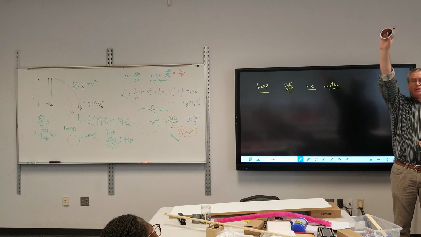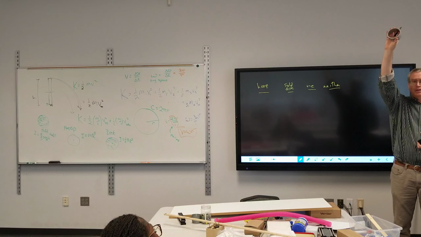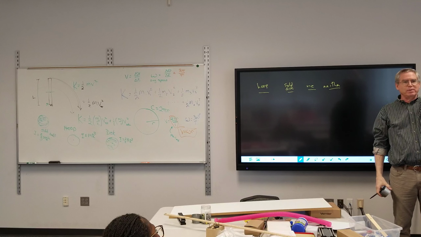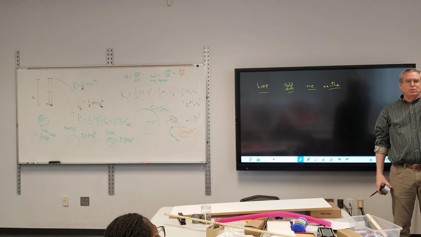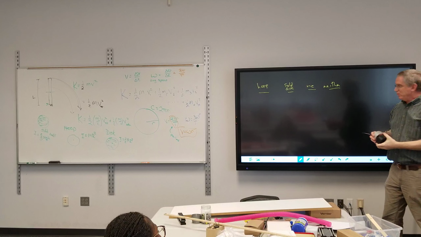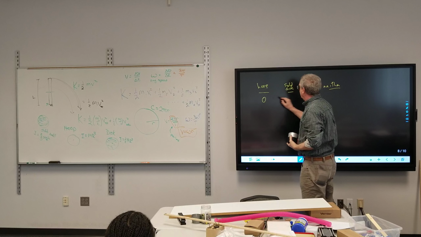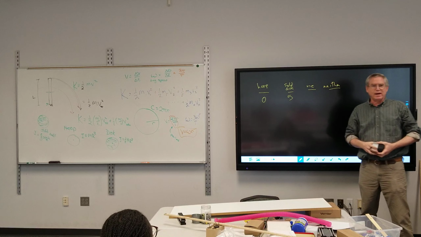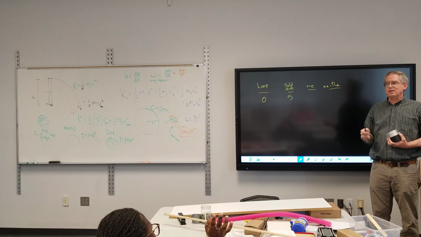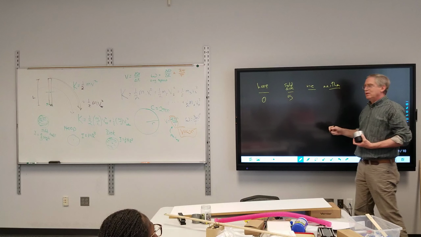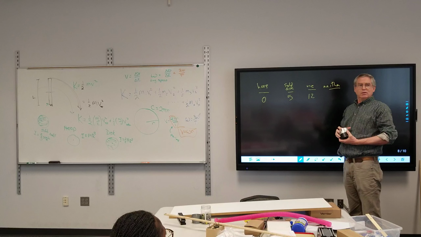The hoop, who says this will get to the bottom first? Who says this will get to the bottom first? 1, 2, 3, 4, 5. Five people. So 0, 5. Who says it's going to be a tie? Looks like 1, 2, 4, 5, 6, 7, 8, 9, 10, 11, 12. Neither?